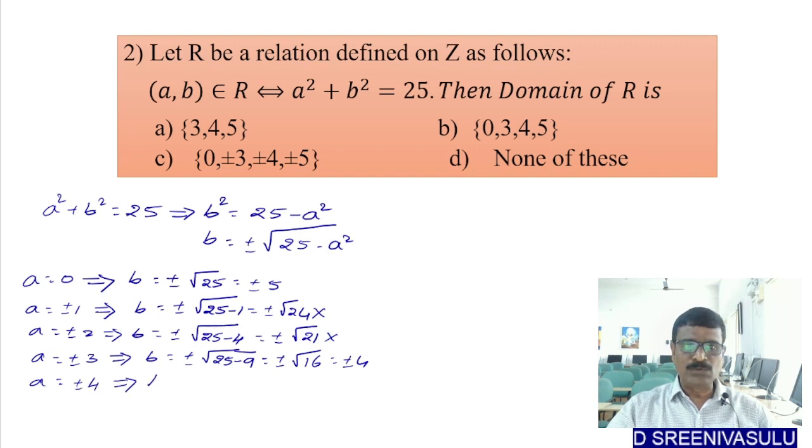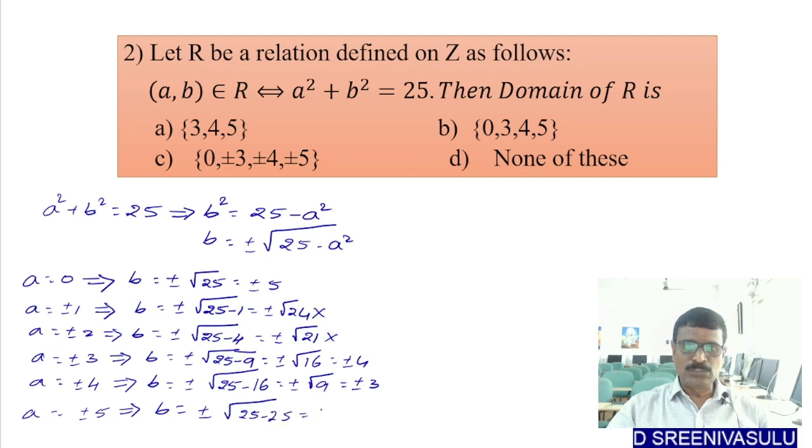Then b is equal to plus or minus root of 25 minus (4) whole square. 4 square is equal to 16. This is equal to plus or minus root of 25 minus 16, that is 9, which is plus or minus 3. Then a is equal to plus or minus 5, which implies b is equal to plus or minus root of 25 minus 5 square. 5 square is 25. This is equal to 0.